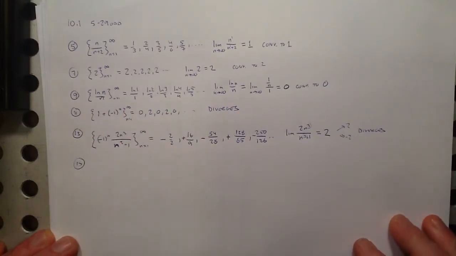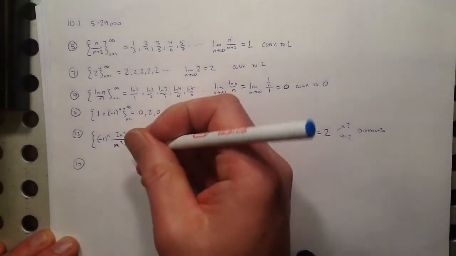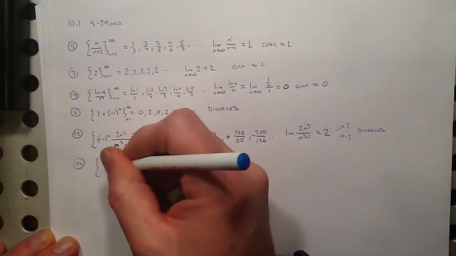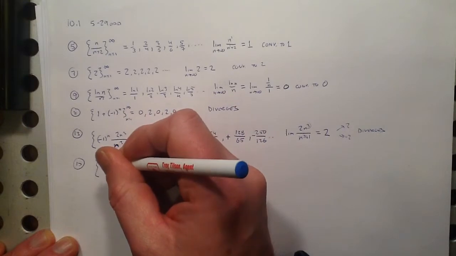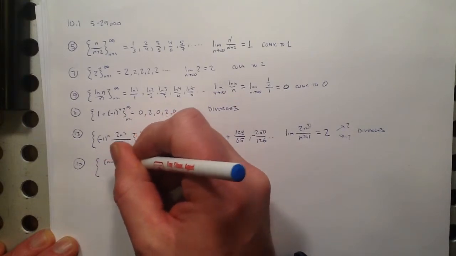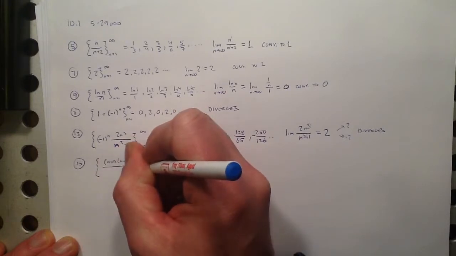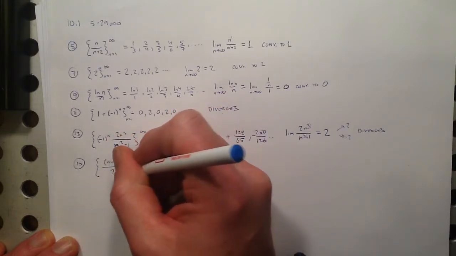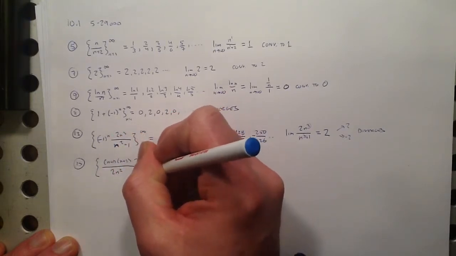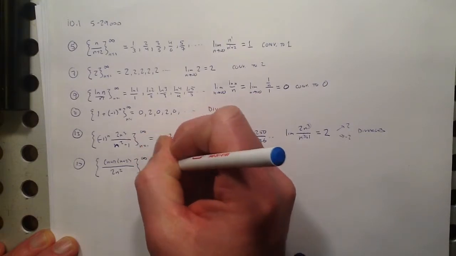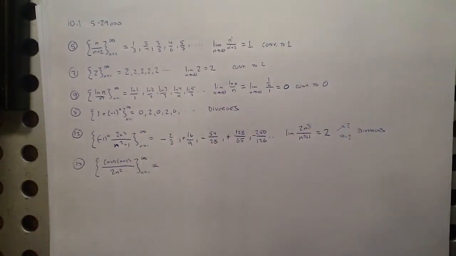Number 15, we have the sequence n plus 1 times n plus 2 over 2n squared from 1 to infinity. First 5 terms.